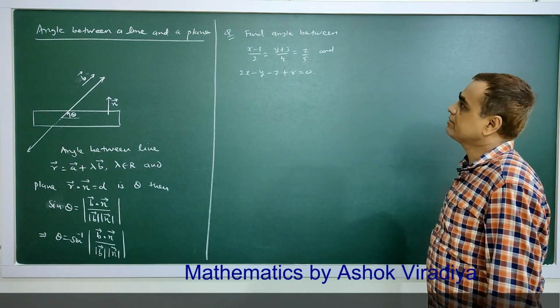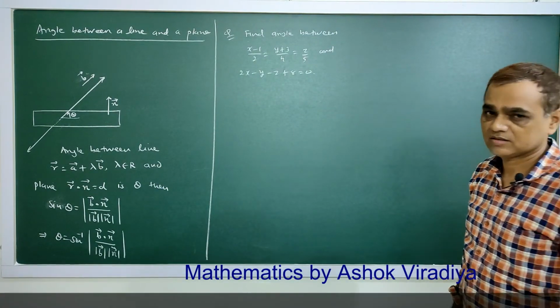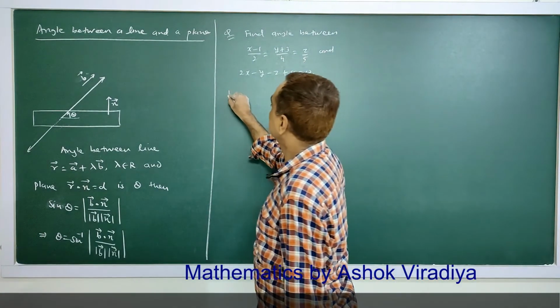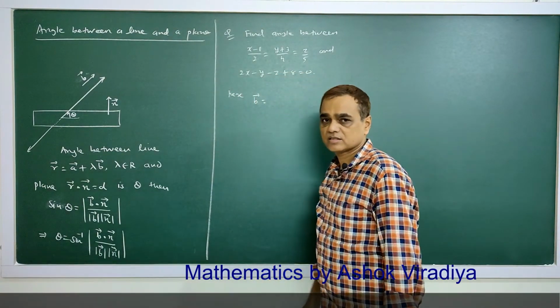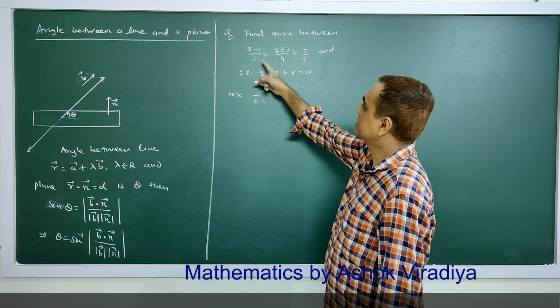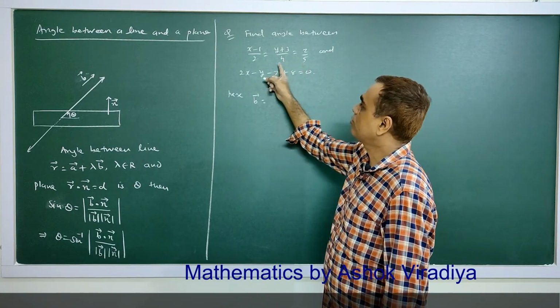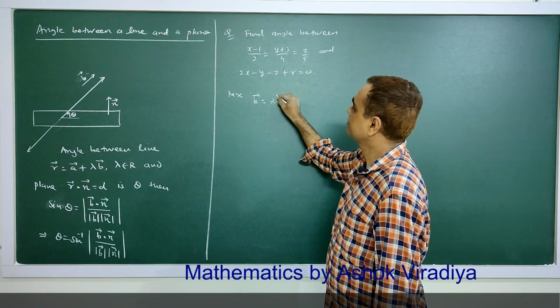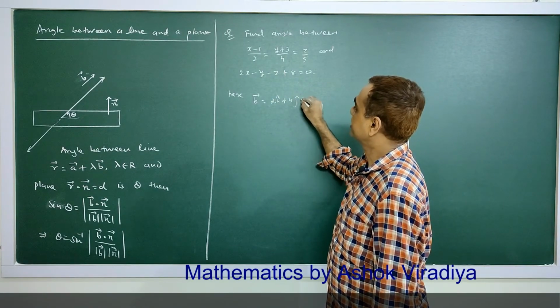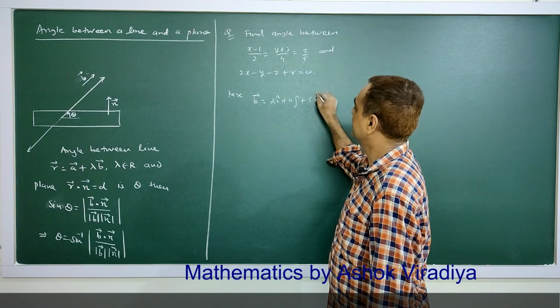We want angle between line and plane. So see, from this equation, vector B, here vector B is, that is scalar components are visible in denominator. So 2i plus 4j plus 5k.